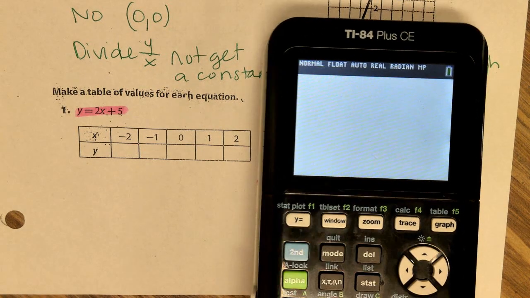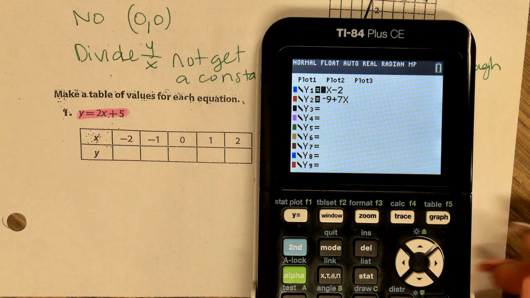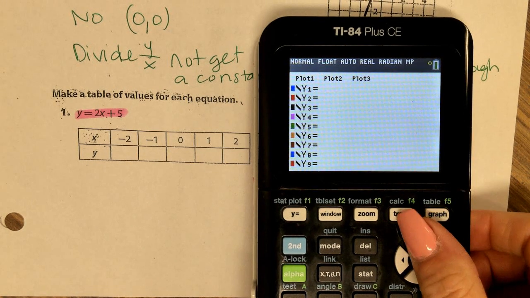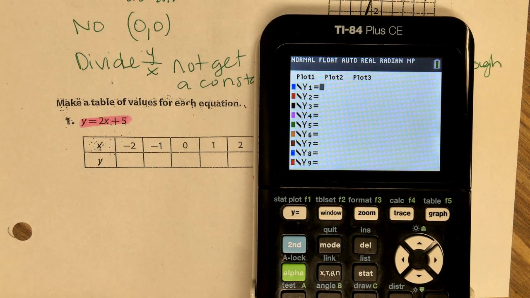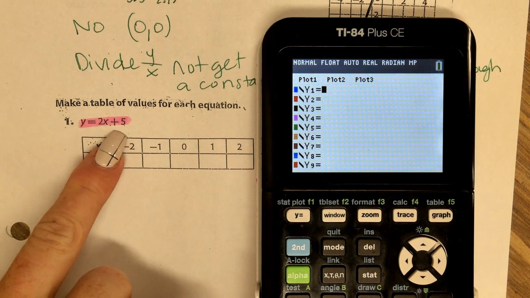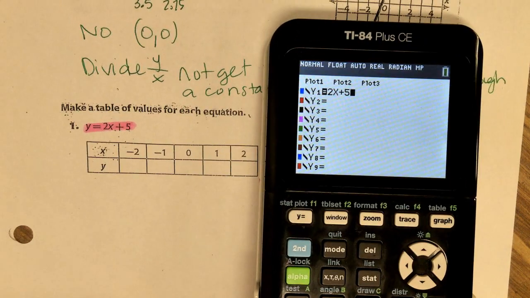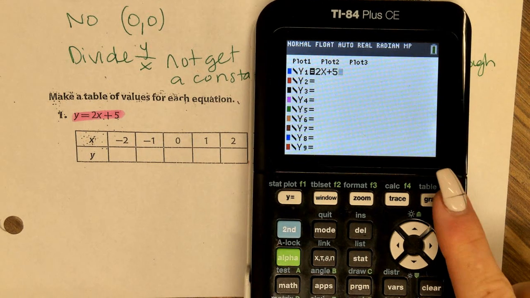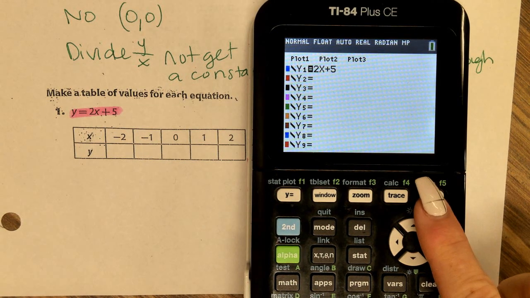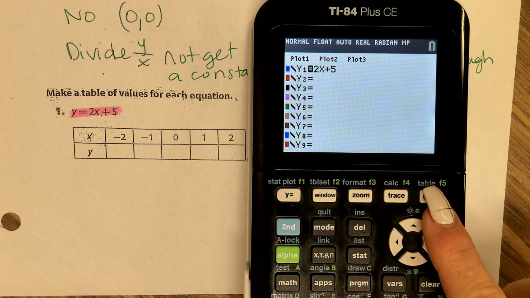You're going to push y equals, and you're going to clear everything out. You are going to type in 2x plus 5. Do you see the graph button? Don't push it. Right above graph, what does it say in blue?